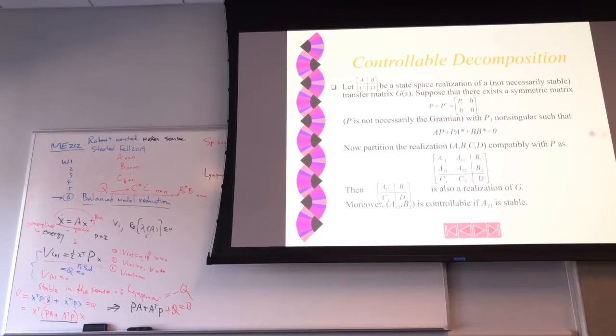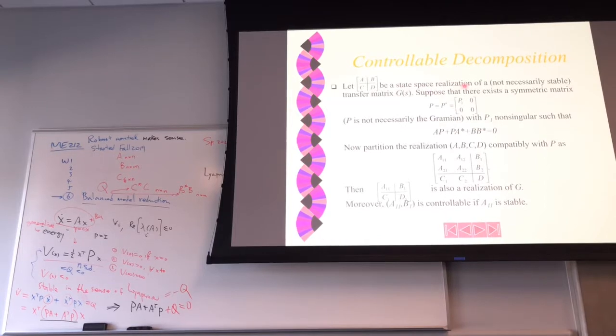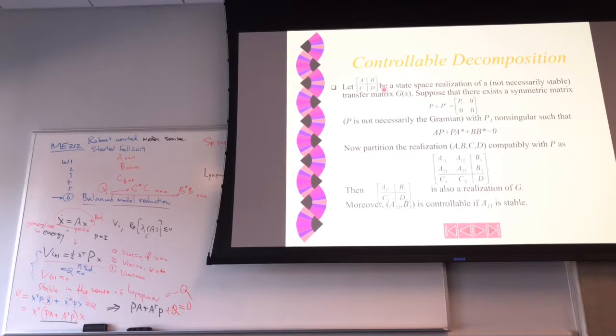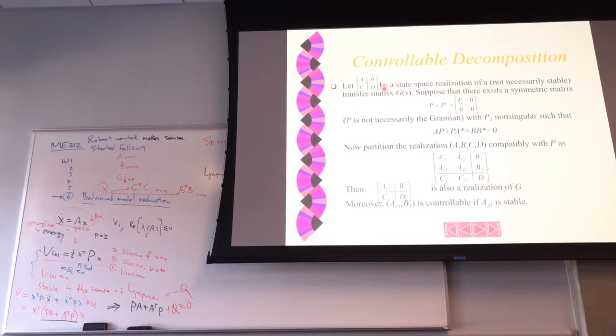So A, B, C, D is a state space realization of a transfer function matrix. Be careful about this term, but totally how many? The number is infinitely many realizations. So we want to think that out.